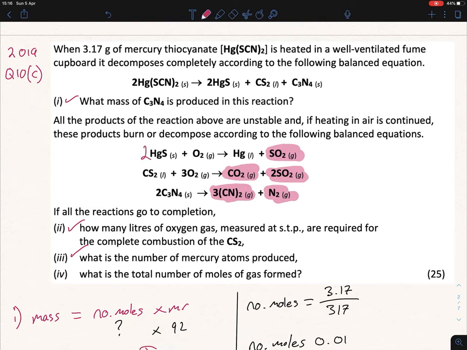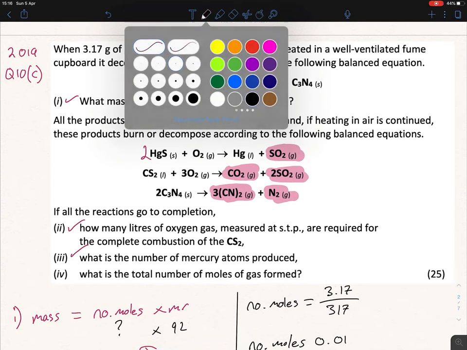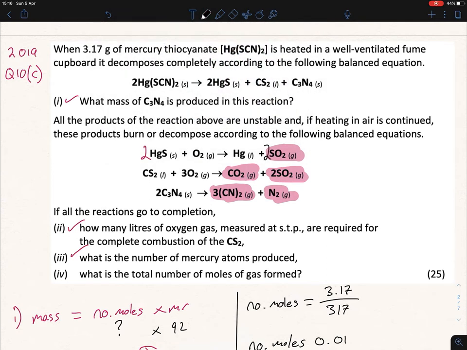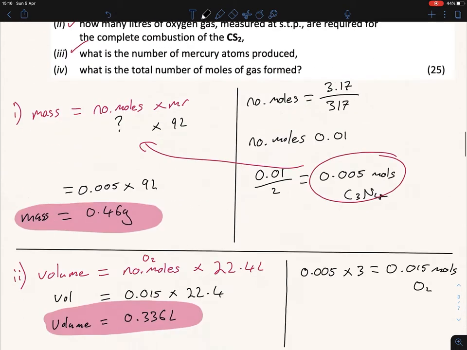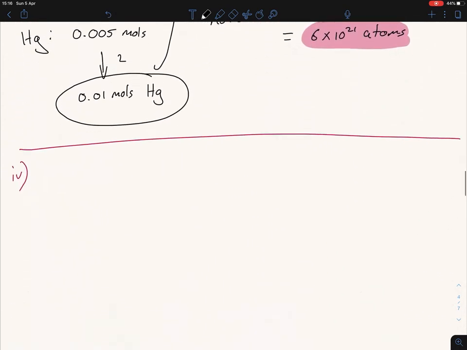So everything gets doubled, including, and I will put it in bold now, the sulfur dioxide over here. So for SO2, I'll do the first one. In terms of the ratio, it should actually be 0.01 moles for the first one.